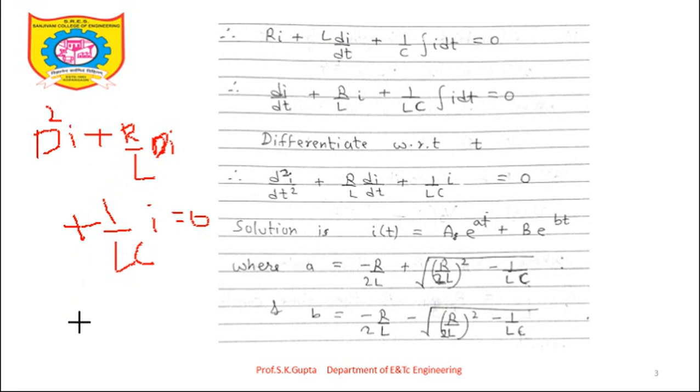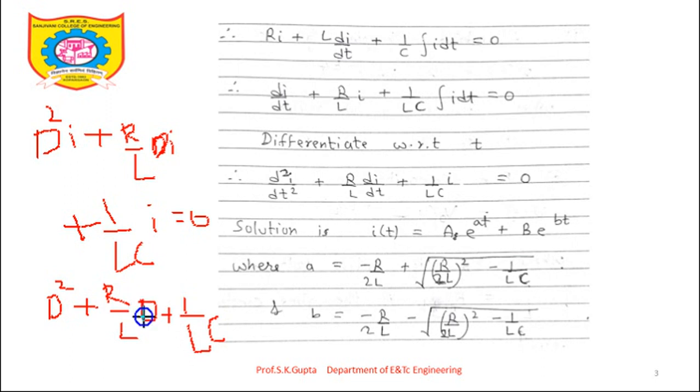The solution of second order differential equation is of the form A e raised to at plus B e raised to bt, where a and b are nothing but the factors of this term, D square plus R by L D plus 1 by LC.